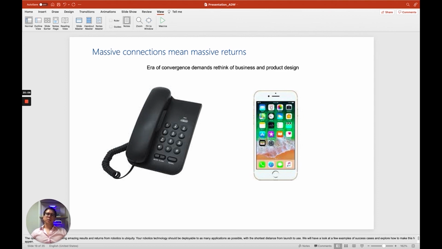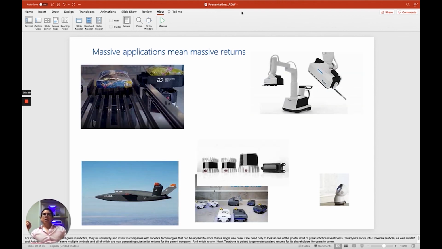So massive connections mean massive returns. The era of convergence demands a rethink of business and product design. The telephone is a perfect example of the network effect and connections. In robotics, I think of companies like Berkshire Grey, which has a complete end-to-end solution for 3PL, warehousing, and several other use cases.